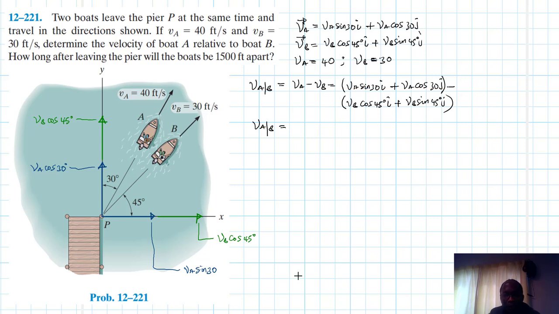Grab your calculator. VA is 40 sine 30 minus 30 cos 45.